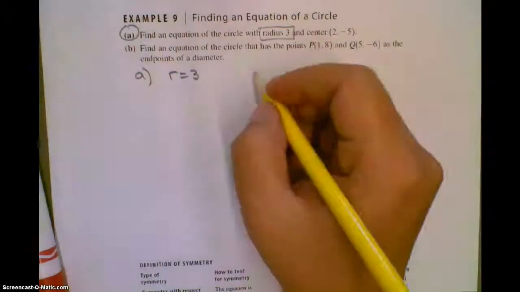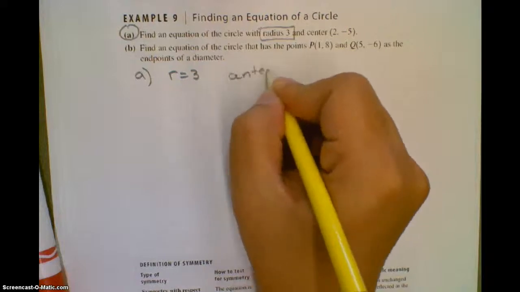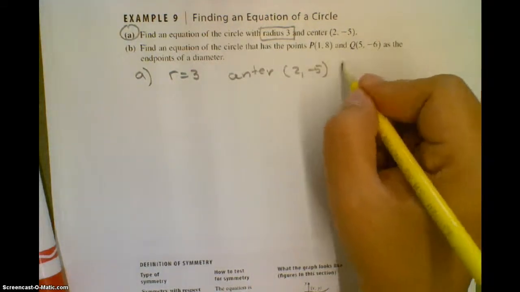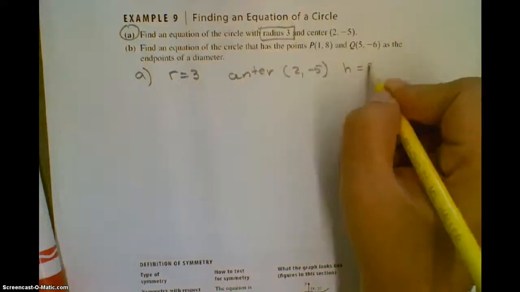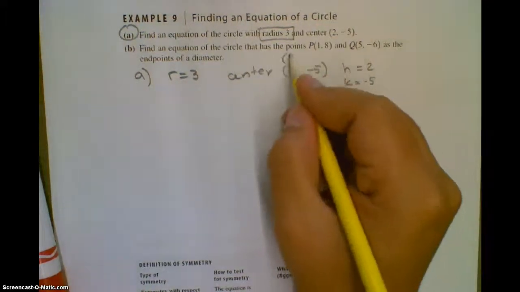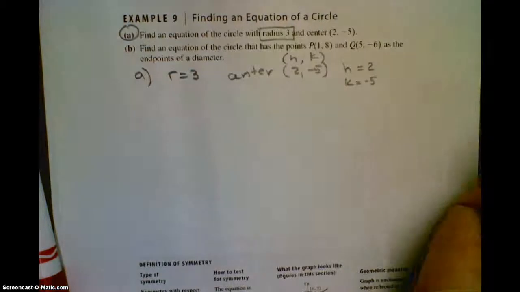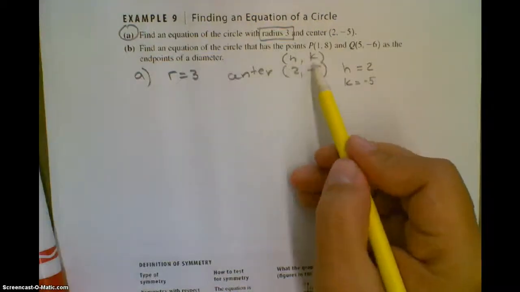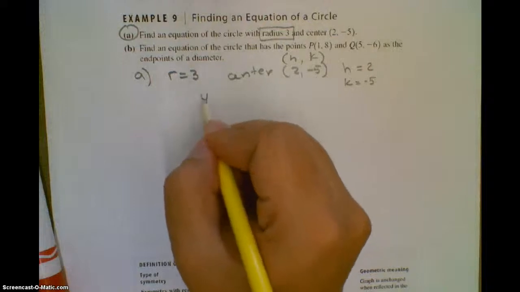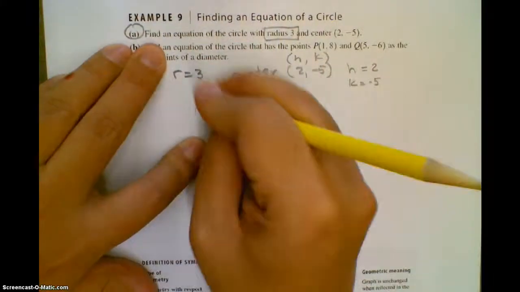And the center is 2, negative 5. If the center is 2, negative 5, then h is 2 and k is negative 5, because the center in general is written as h comma k. So now I have everything I need to write my equation.